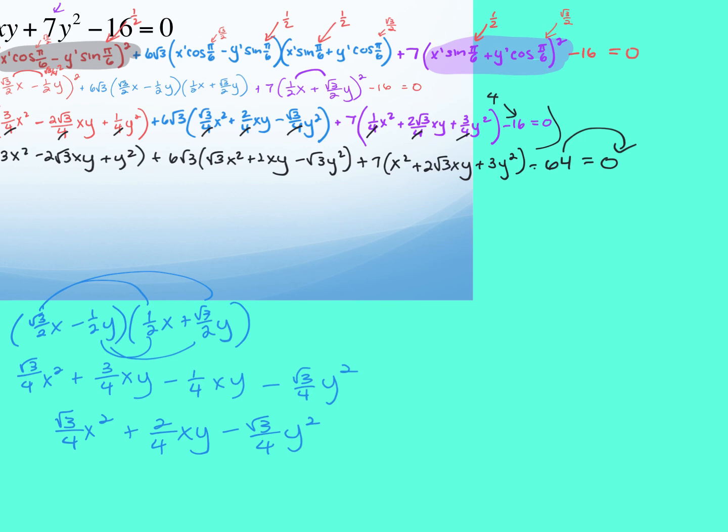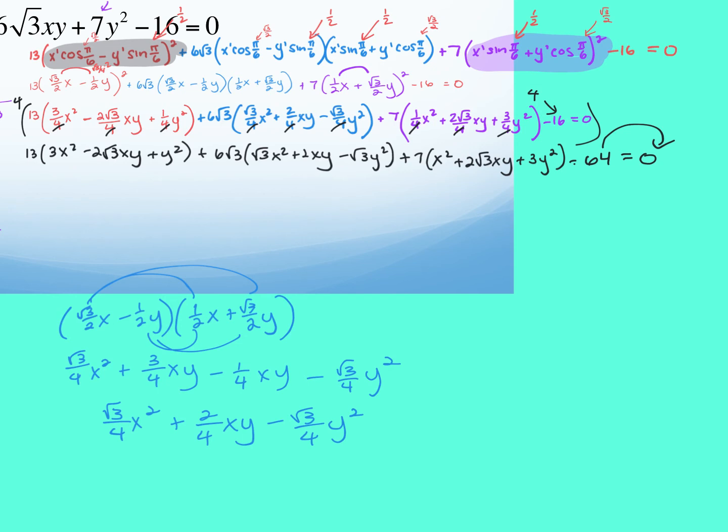I have terms on the front of all those parentheses, right? I got to distribute. So distribute, distribute, distribute. 39x squared minus 26 root 3 xy plus 13y squared plus, let me change the color so we differentiate, plus 6 times root 3 would be 6 times 3 or 18x squared. 6 root 3 times 2xy would be 12 root 3 xy. 6 root 3 times negative root 3 is 6 times 3 again, but it's negative, so negative 18 y squared.